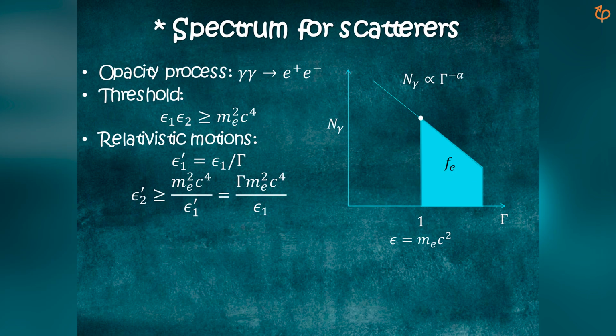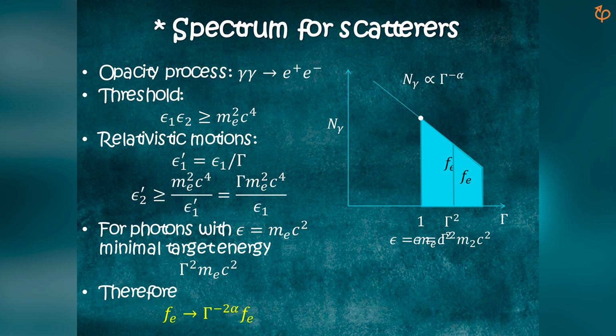In order to create a pair, I need to cross some threshold of energy. The rest mass energy of an electron is me times c squared, which is half an MeV. In order to create a pair, two photons need to satisfy this condition: the energy of the first photon times the energy of the second photon must be larger than the rest mass energy of an electron squared.